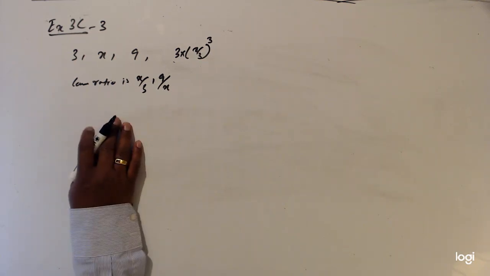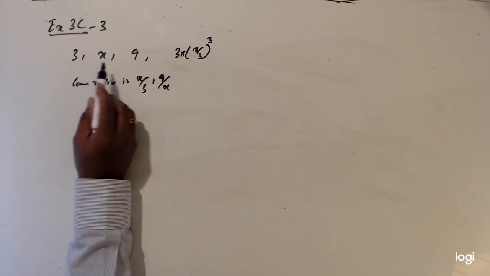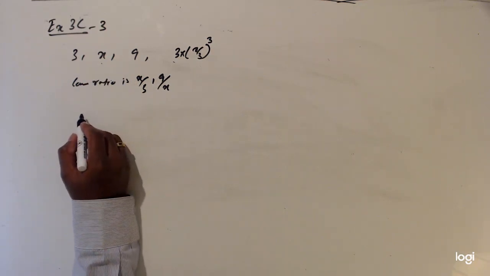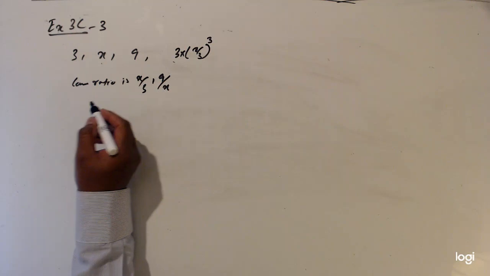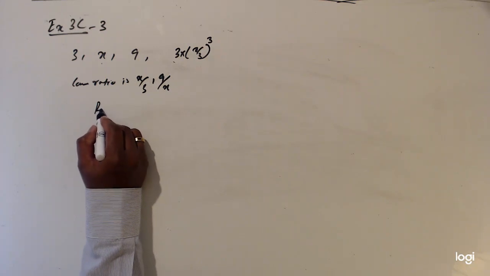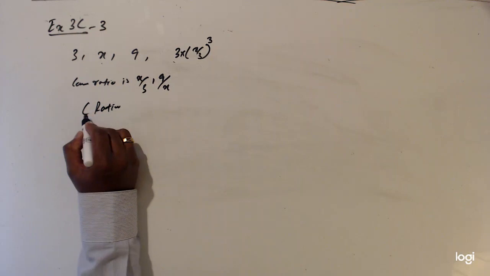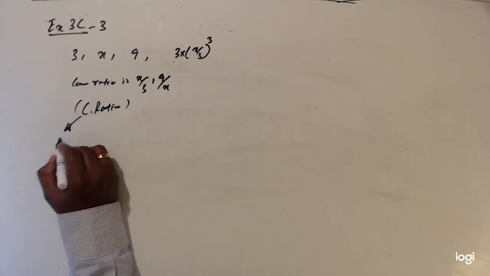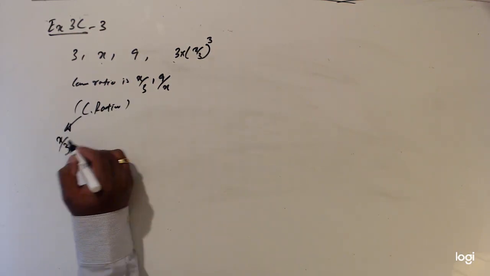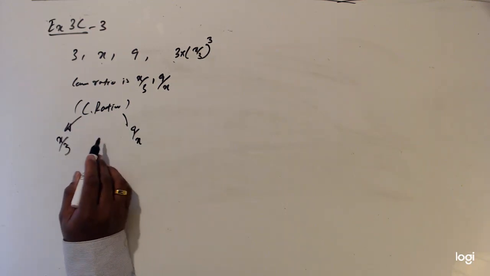To find x now, we know that there's one unknown, so we need one equation. So we have to show the same thing in two different ways. So the common ratio we can show as x over 3, and the common ratio 9 over x, and since it is a geometric sequence they are equal.